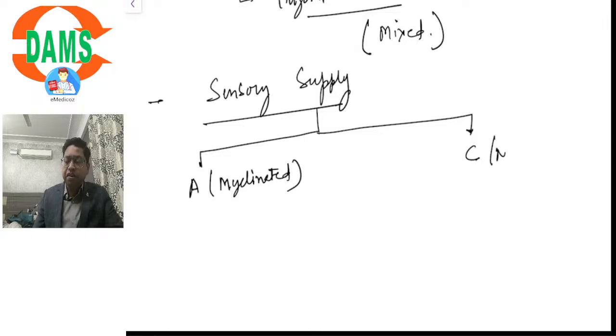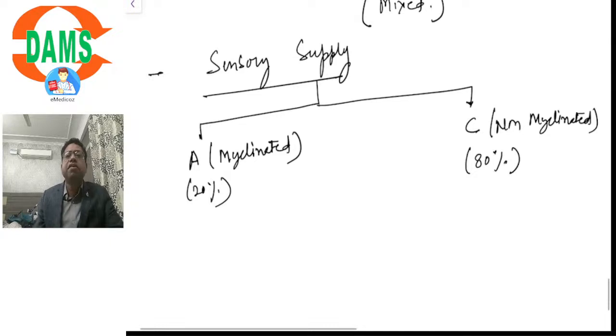C fibers are non-myelinated. And we have to look at the amount of these fibers. Twenty percent of the sensory nerve fibers are A fibers, and the majority of the sensory nerve fibers in the dental pulp are C fibers, non-myelinated fibers.